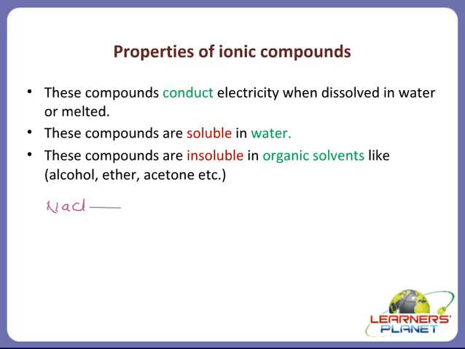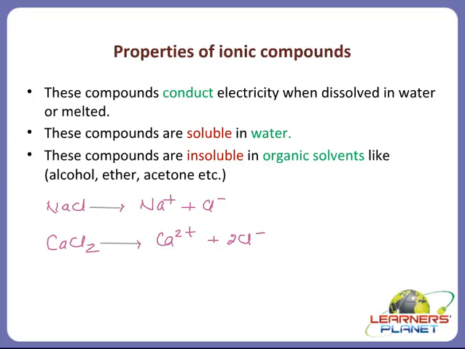So when it is giving out ions, it can conduct, these are what? These are charged particles and these can conduct electricity. Okay, like your CaCl2, this is also giving what? This is also giving out ions like Ca2+ and 2Cl-.